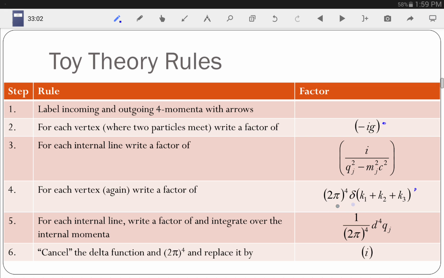Then you integrate over internal momenta, and finally you cancel the remaining delta function. This removes all but one of your delta functions. You're left with one delta function, and that's the one that gets replaced with its 2 pi to the 4th power times i.